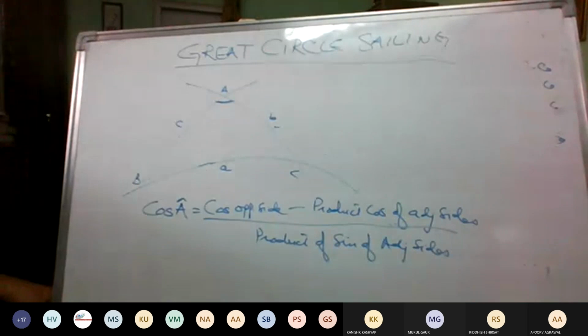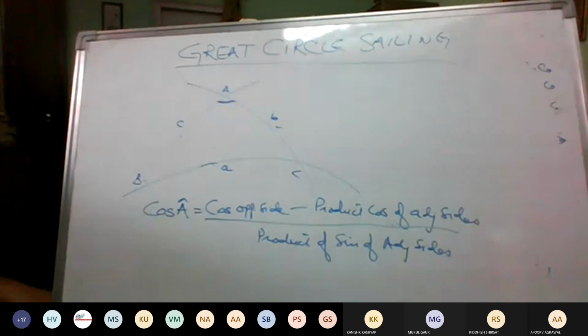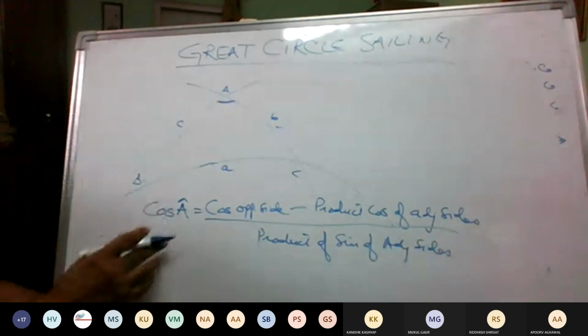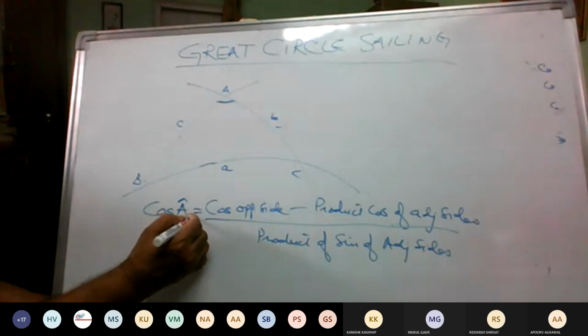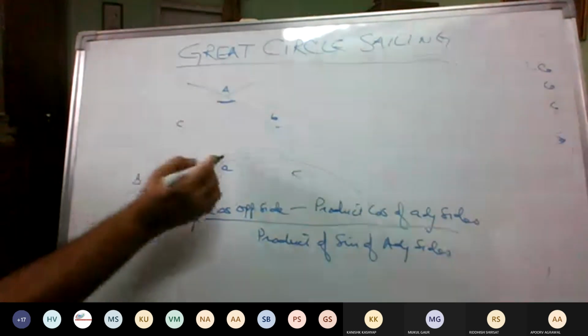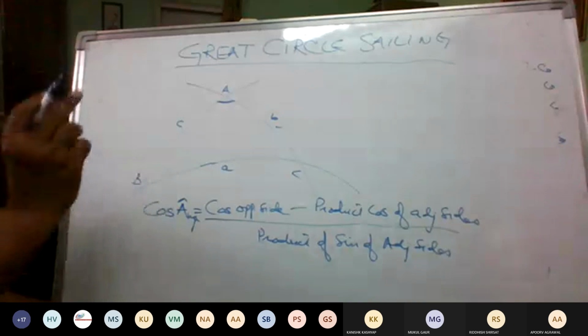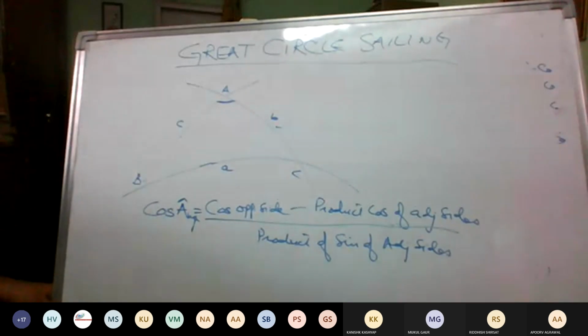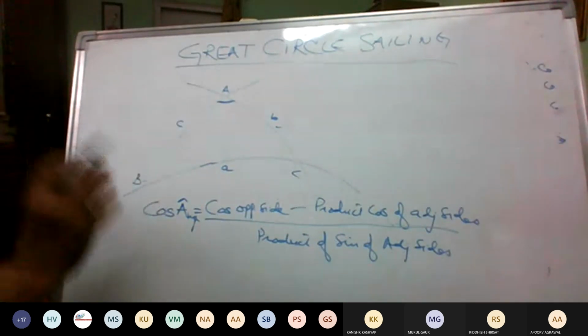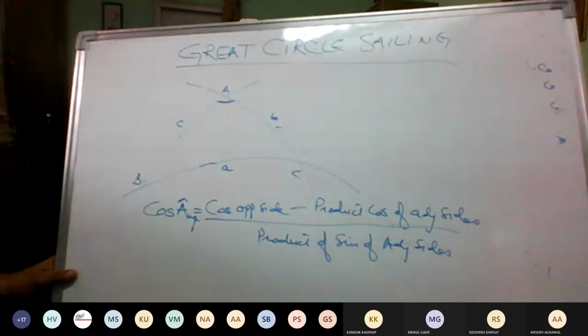Okay. We want to know any angle. Cos of an angle is equal to cos of the opposite side minus the product of cosine of adjacent sides divided by the product of sine of adjacent sides.